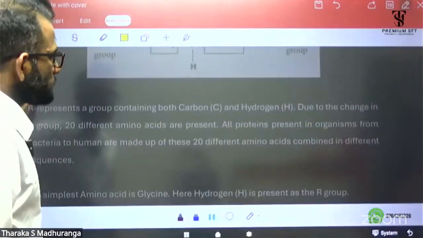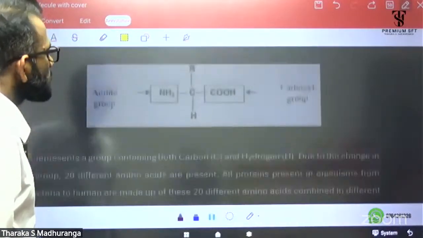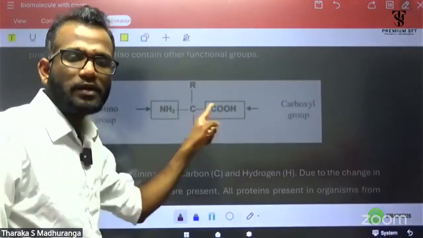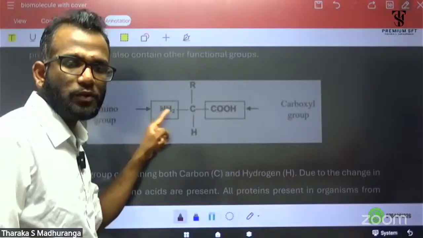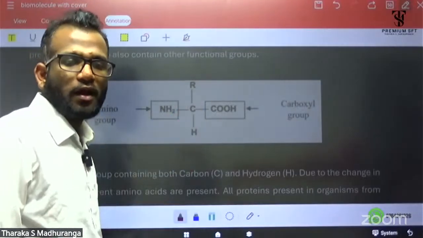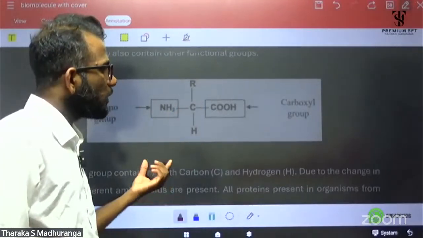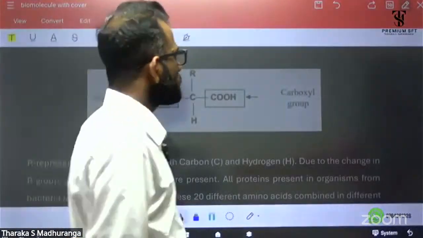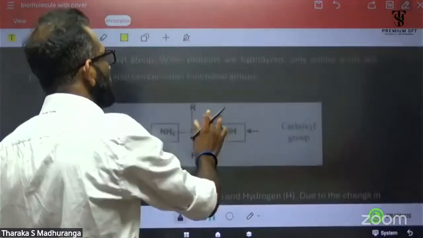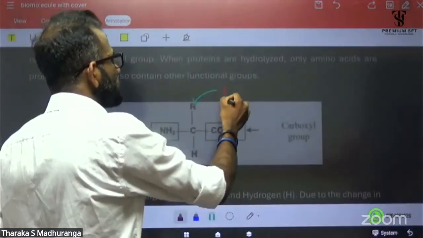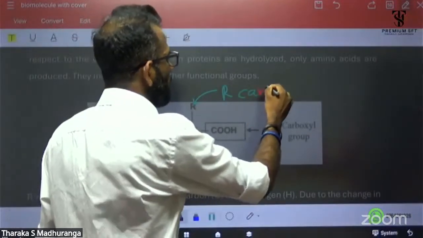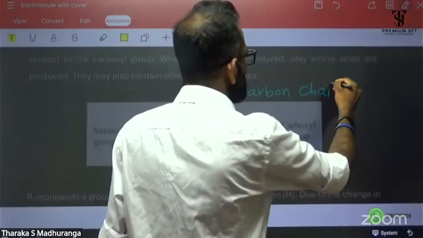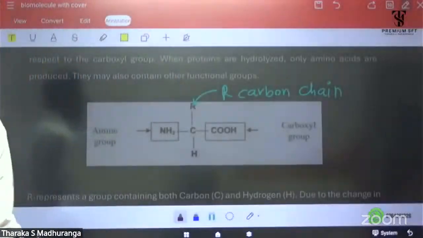This is the common structure of amino acid: alpha carbon, carboxylic group, amine group, hydrogen, and R carbon chain.